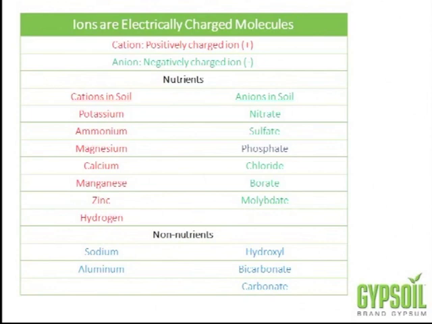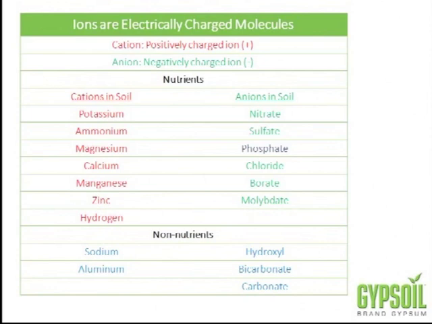But then you also have phosphate, chloride, borate, and molybdate. All those are nutrients, and you want to think about those as anions and how they get into the plant. Non-nutrients that we sometimes have to contend with as well are sodium, aluminum, the hydroxyl ions, bicarbonate, and carbonate.